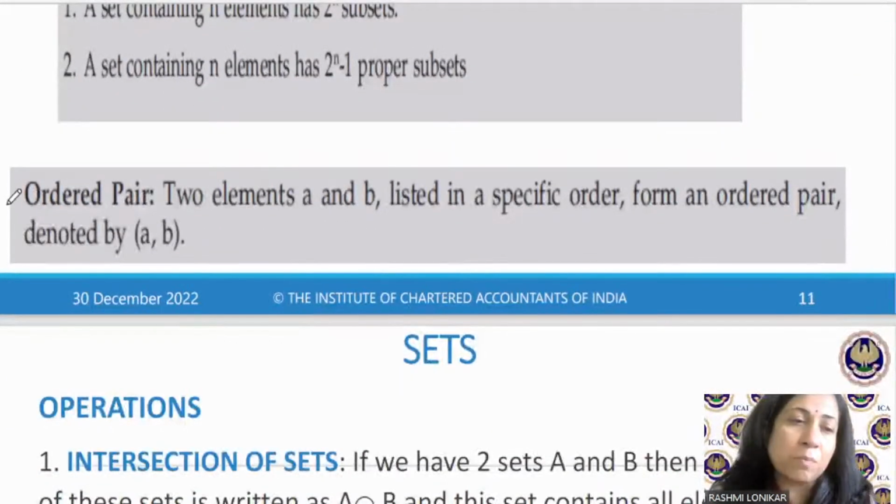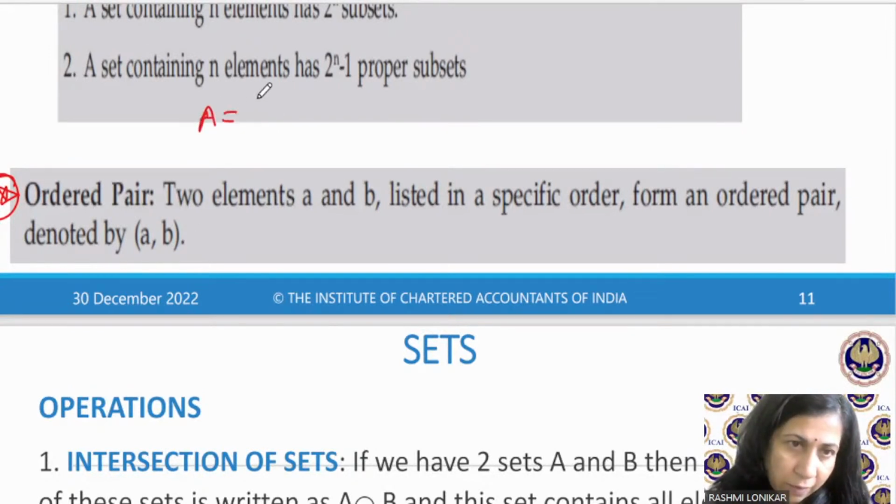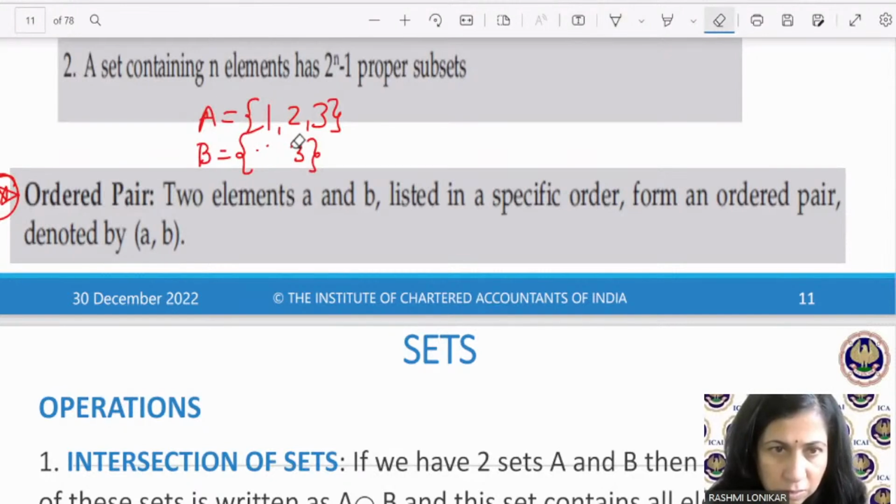Then a very important thing is called the ordered pair. Two elements A and B listed in a specific order form an ordered pair denoted by A, B. Suppose I have A as 1, 2, 3, and B as 4, 5.